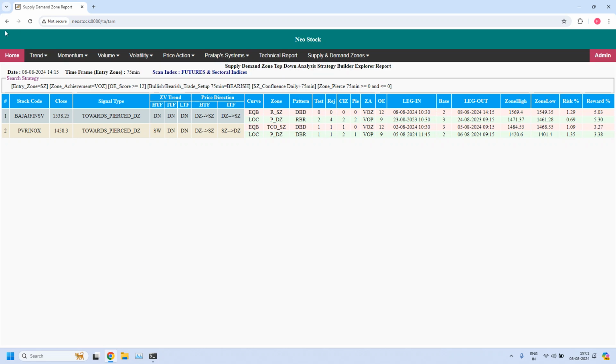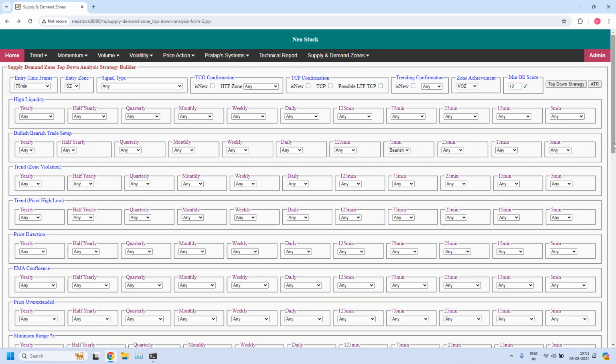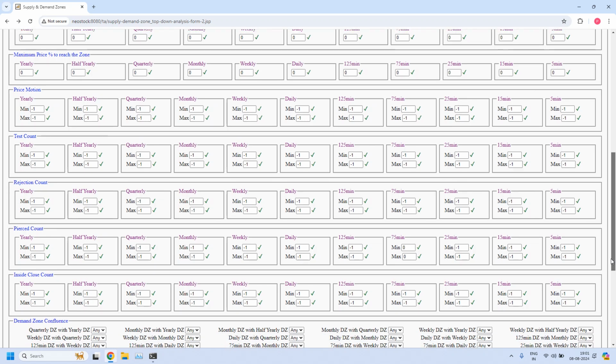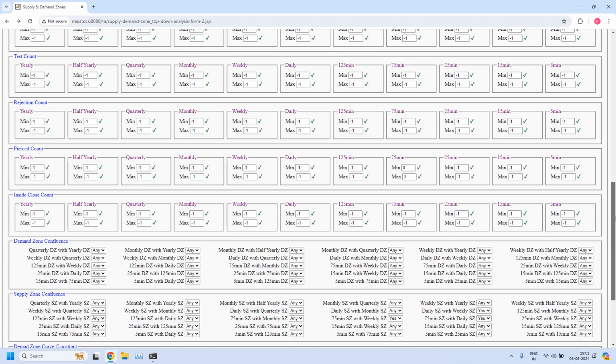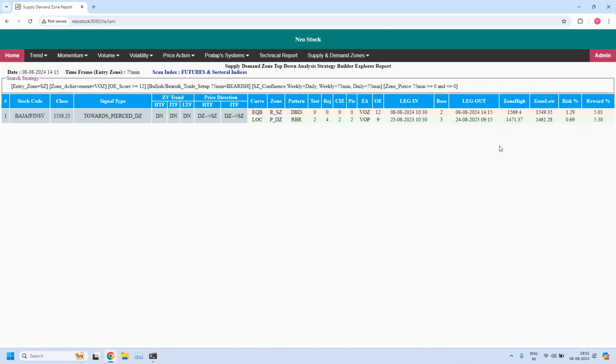Let us check weekly confluence also. That is a HTF confluence. So 75 minute supply zone with weekly supply zone confluence and also daily with weekly supply zone confluence, all the 3 confluences. Only one stock is having.